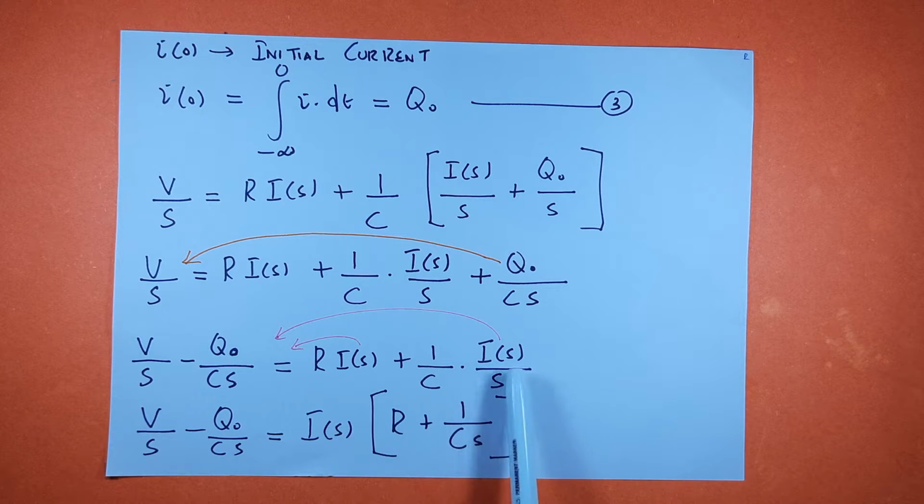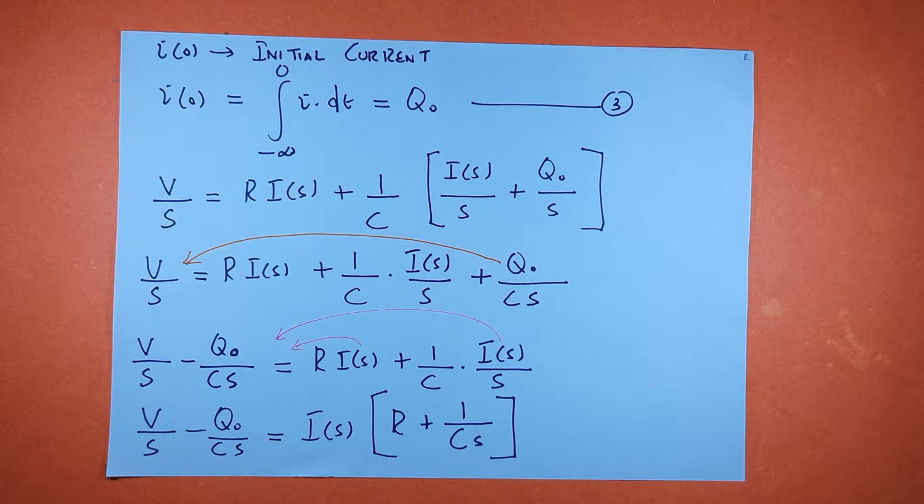So this I(s) and this I(s) you take outside. So we get V divided by S minus Q naught by CS equal to I(s) into R plus 1 by CS.